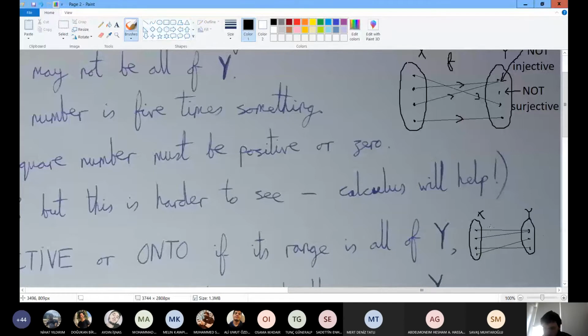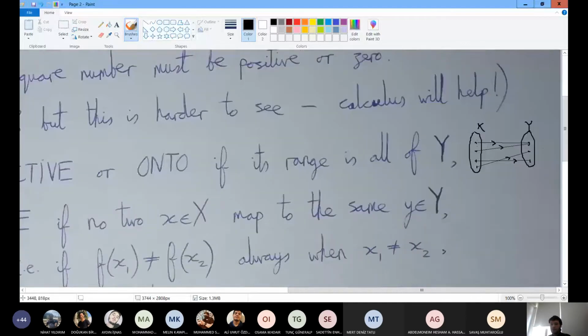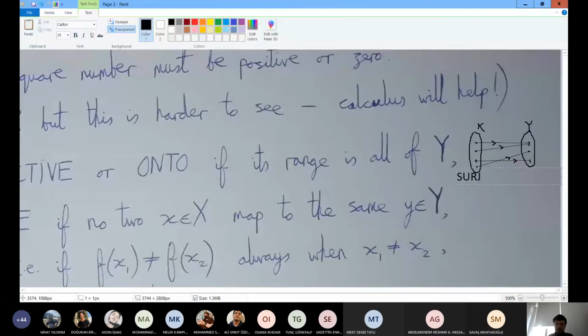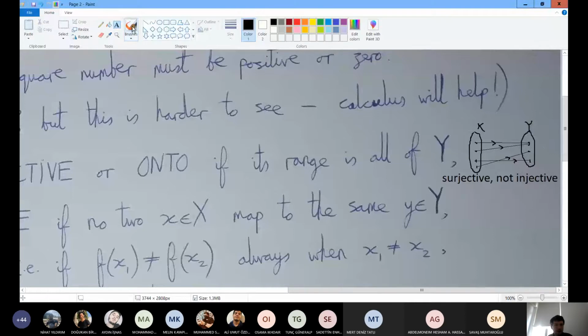My handwriting gets a bit crazy when I'm writing using Paint. Okay, so you've got two sets, you've got a function going between them, and this function is surjective because everything in y is hit, but it's not injective because you have these two different x going to the same y. So this one is surjective, not injective. Then I can draw another function which is injective but not surjective.